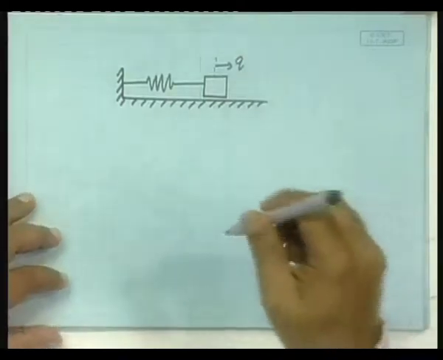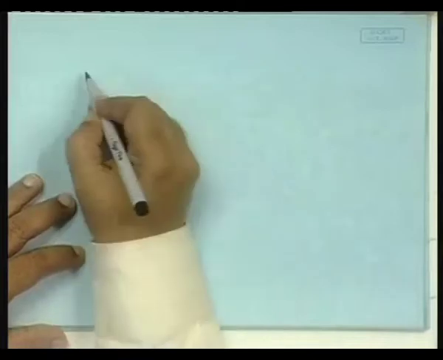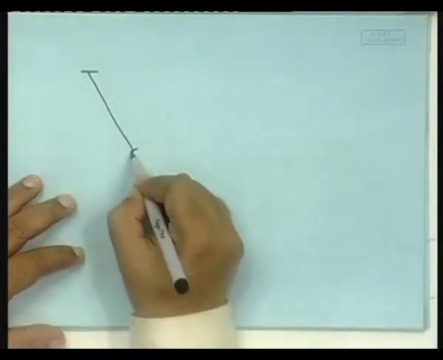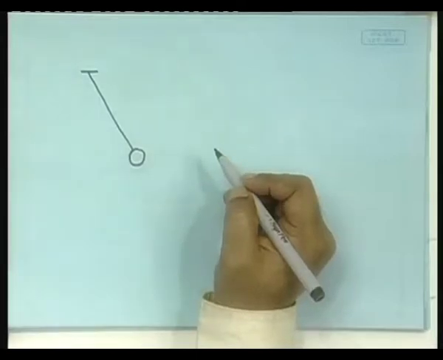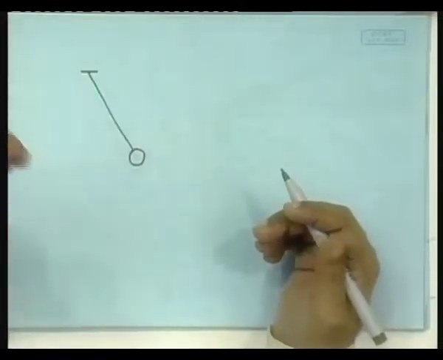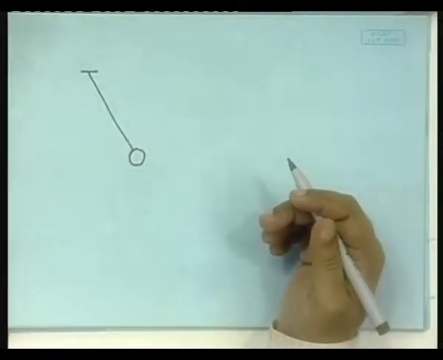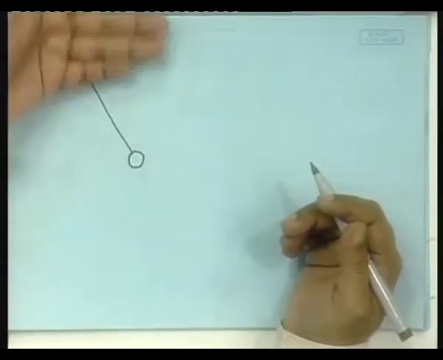In case of the simple pendulum, what is the generalized coordinate? Suppose it is a planar pendulum, which means that the first holonomic constraint forces it to move on a sphere, and the second holonomic constraint imposes another plane on it.